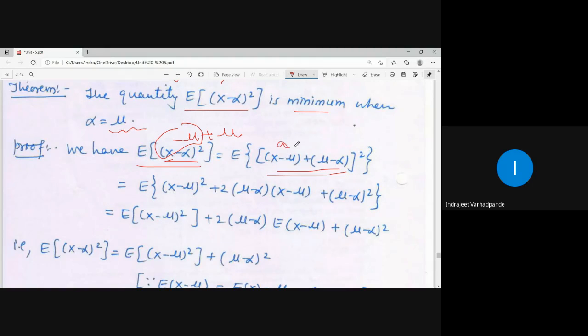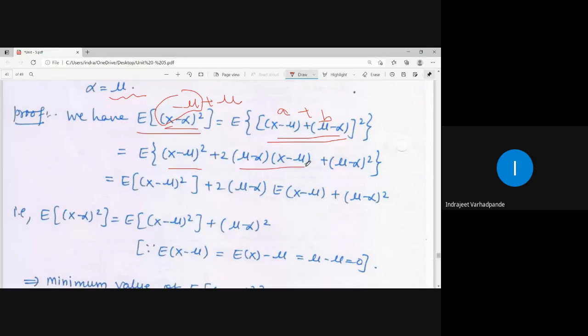Now what is a plus b whole square? It is a square plus 2ab plus b square. Take individual expectations. This is a constant. Expectation of x minus mu whole square. 2 into mu minus alpha is a constant. Expectation of what remains, x minus mu, plus expectation of mu minus alpha whole square.